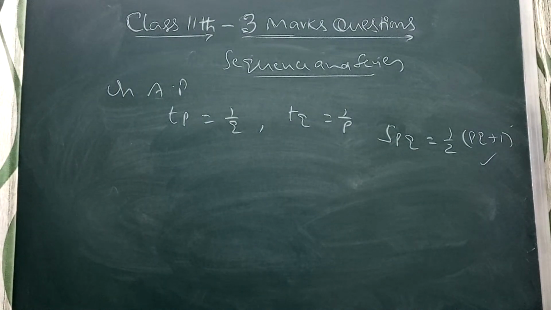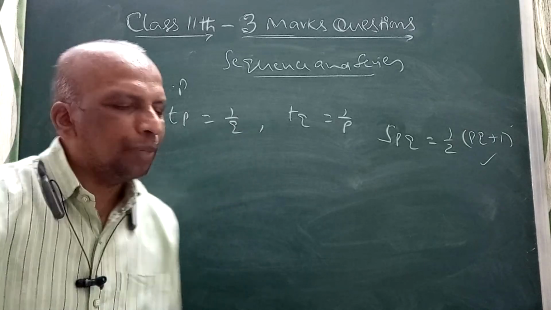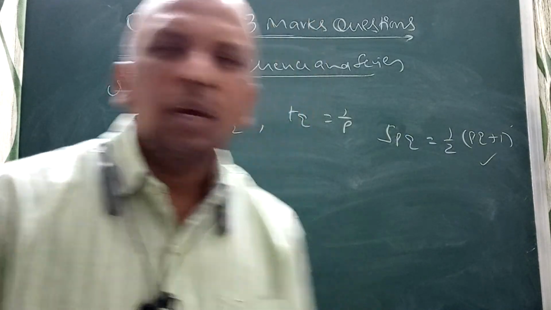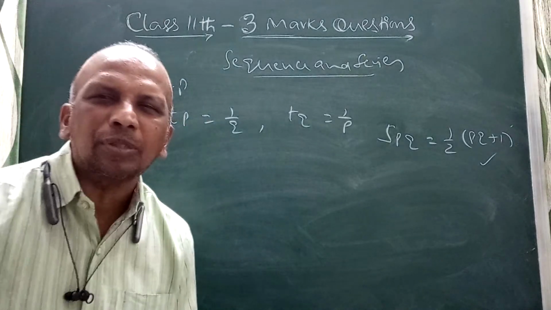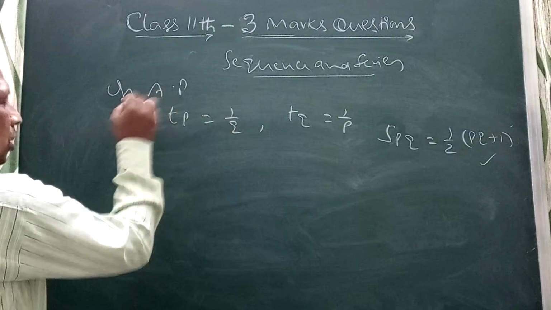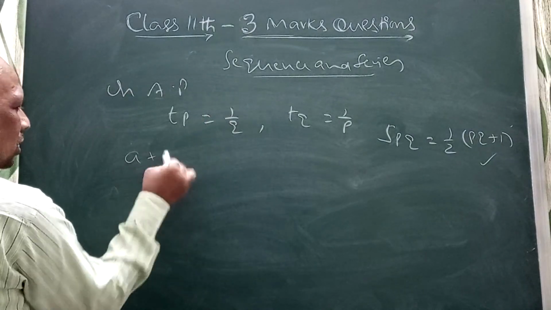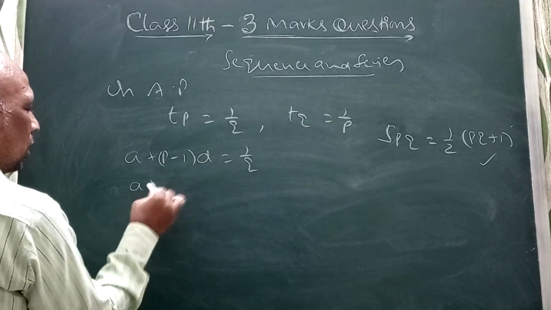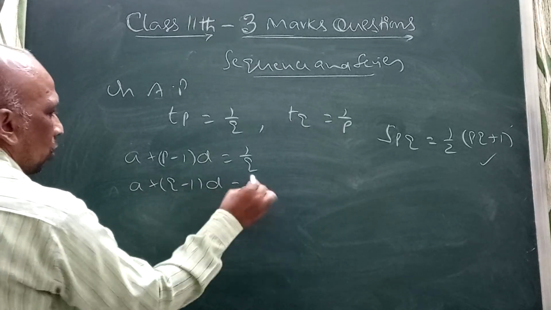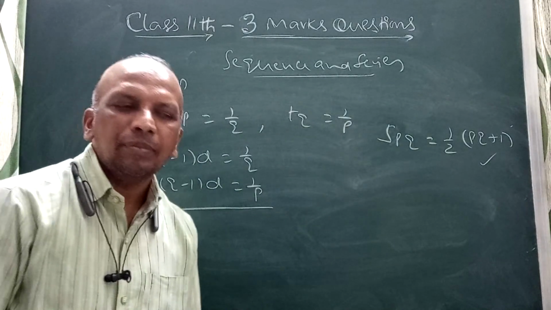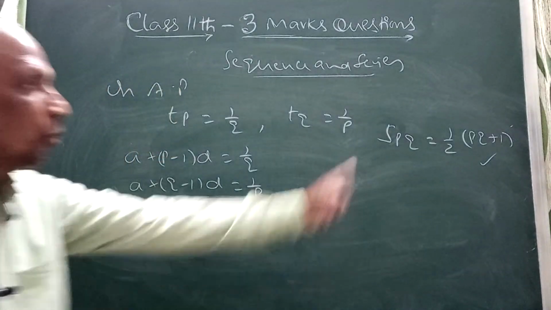Now you can see, when they ask for the sum of the first pq terms, with Tp and Tq given, what is Tp in an AP? We consider a plus p minus 1 into d is equal to 1 by q, and Tq means a plus q minus 1 into d is equal to 1 by p. We should prove the sum of the first pq terms.